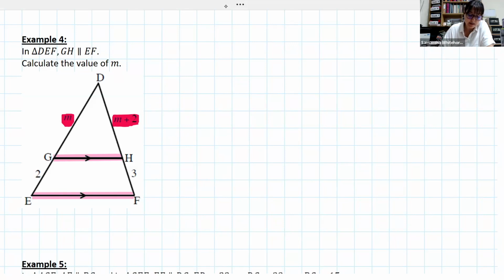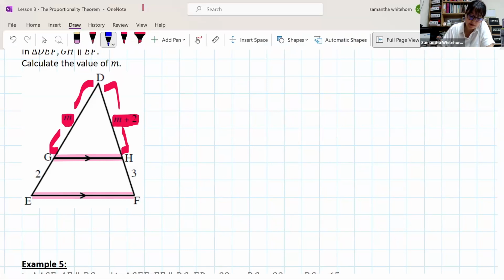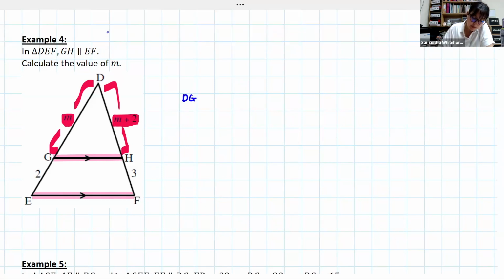Now, what's quite nice is that DG and DH are the top segments of my triangle, so I can keep them in my numerator when comparing. So I'm going to have DG as one numerator and DH as the other numerator. Now I have to decide what my denominator should be. Given that on both sides I'm given the bottom section, that's what I'm going to do. So DG over GE is equal to DH over HF.